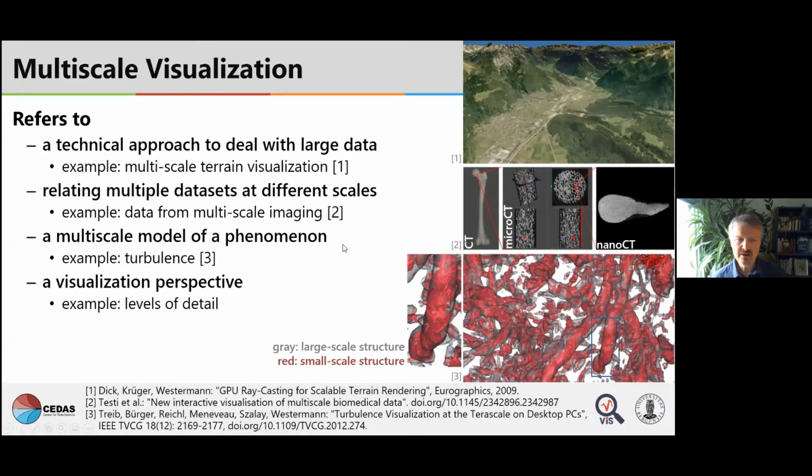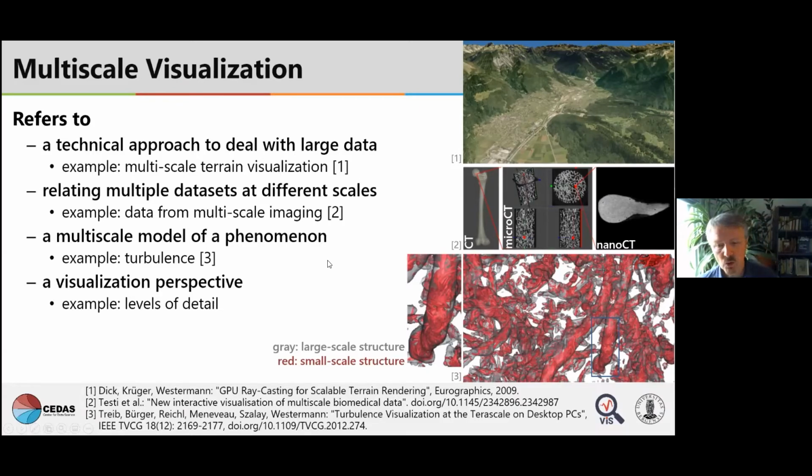A third very important aspect of multiscale visualization is multiscale phenomena. That's even before we think about the representation in the form of data or models. We think that the phenomenon in itself is multiscale, has a multiscale structure or character.